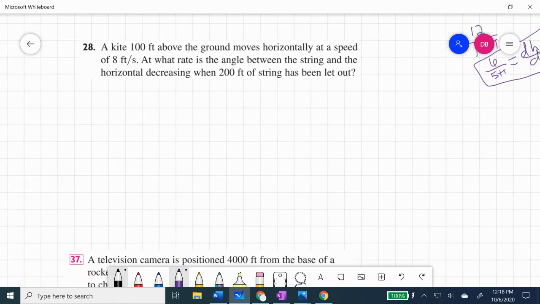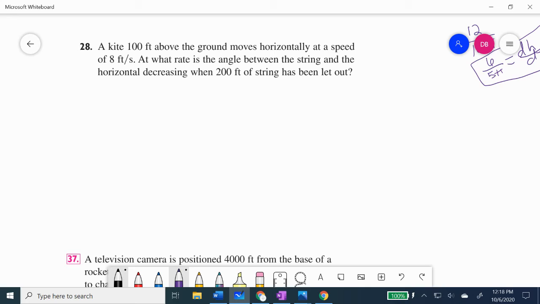All right, now we have a magical kite that flies horizontally as we let out the string. So my kite is flying horizontally at a speed of 8 feet per second. What is its distance above the ground? Its distance stays exactly 100 feet.